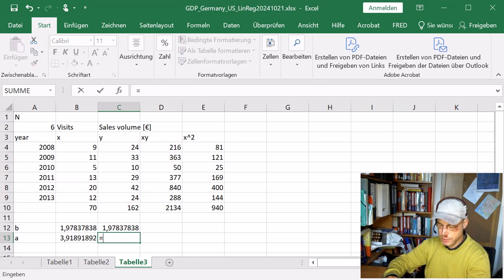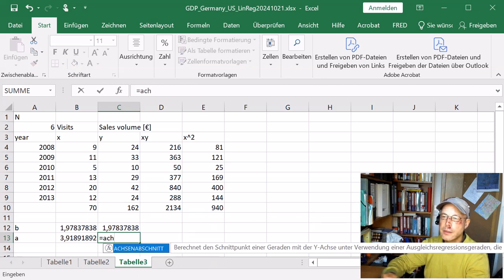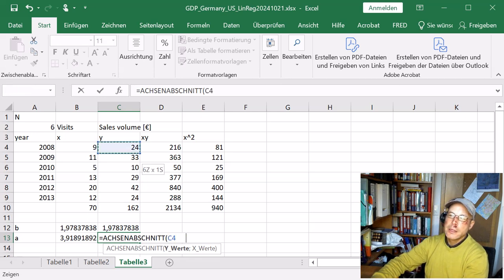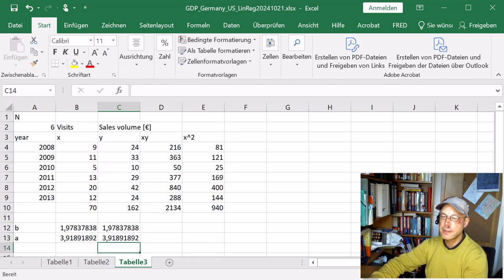So we have the formula Achsenabschnitt, in German, again now the right one, Y and X. Enter.